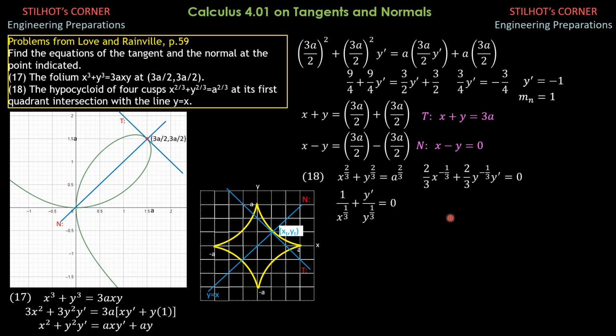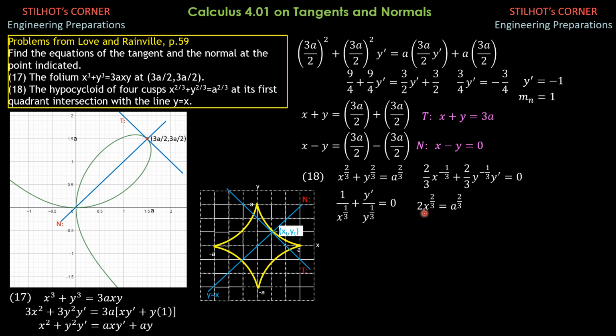Then let's find the point of tangency, or the point of intersection in the first quadrant with the line y equals x. So that means y equals x. So x to the 2/3 plus x to the 2/3, that's 2x to the 2/3 equals a to the 2/3. Raise everything to 3/2.